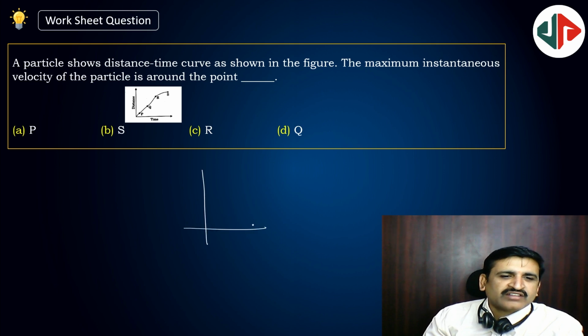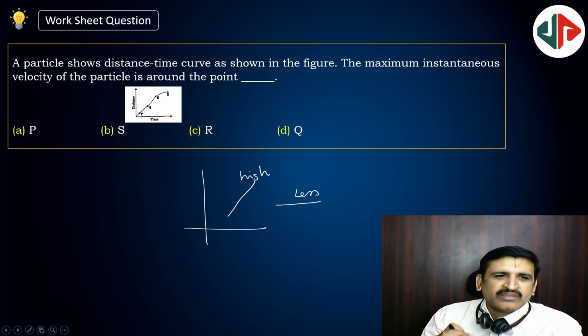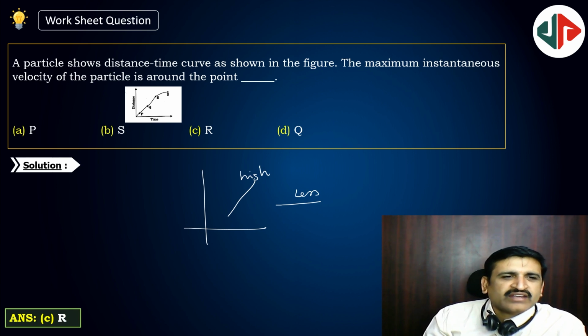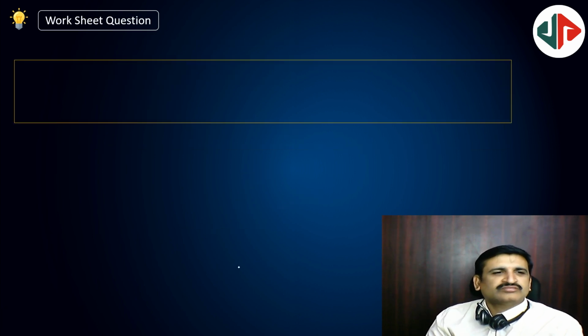Wherever the slope is high, that has more velocity; where the slope is less, there is less velocity. This is the concept. The graph is very diminished for me, maybe in your printed book it's good. So it is R, where it may be rising. You have to take the rising point, that means it should be steep up, theta must be more. Next.